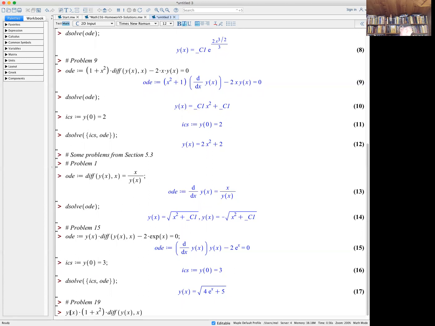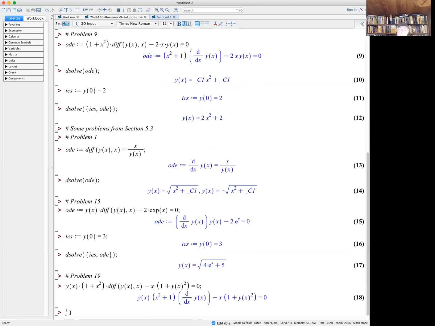So this is y times 1 plus x squared times dy dx minus x times 1 plus y squared. Again, we have to write y of x squared, equals 0. That is exactly the differential equation in problem 19. And the initial condition is that y of 0 is the square root of 3.